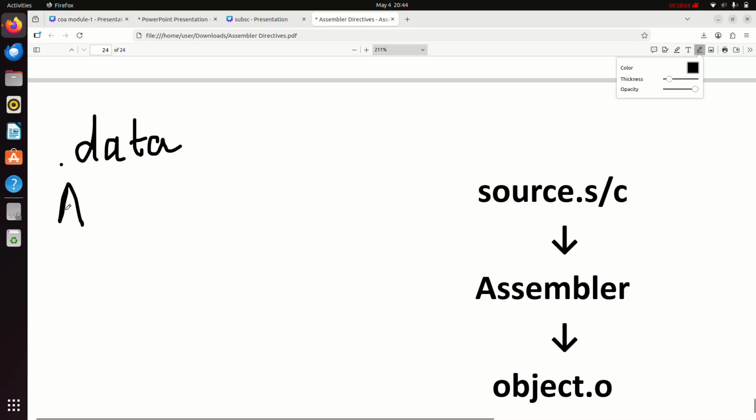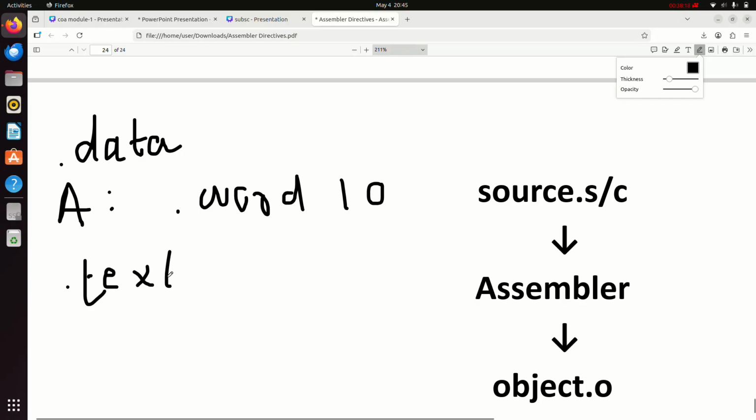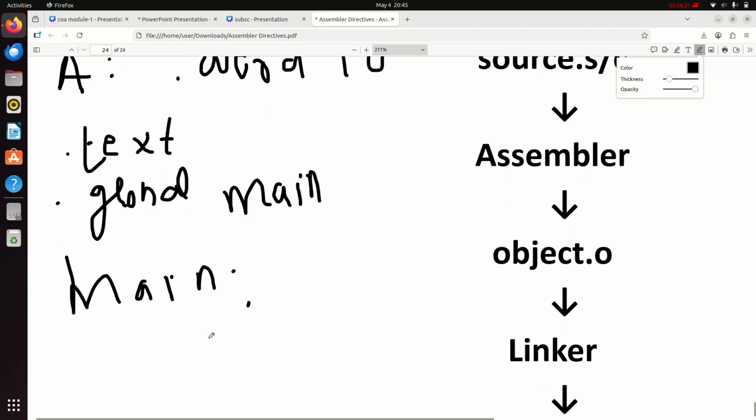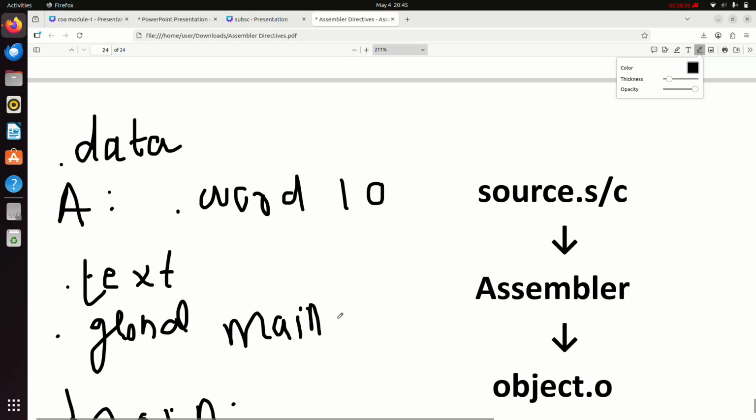I'm going to define something in A. I'm going to define this word, .word 10. Then .text means what? We are going to start our .global main. That means I'm going to write .global main. Main contains the main instruction. Okay, in the next class we will discuss more about this. Fine.